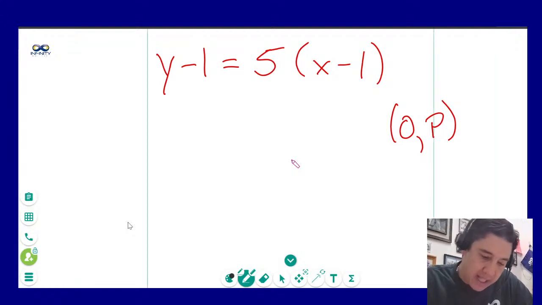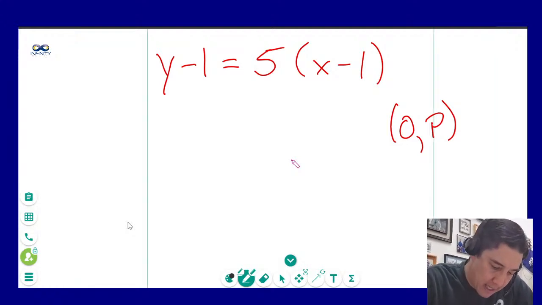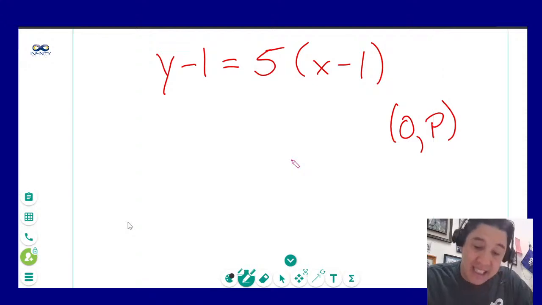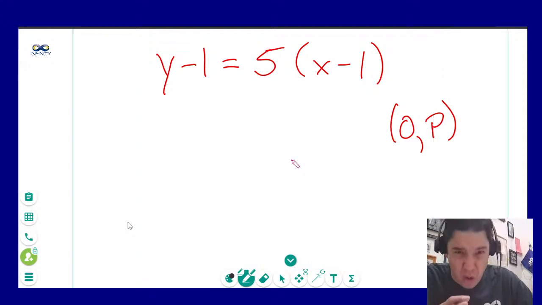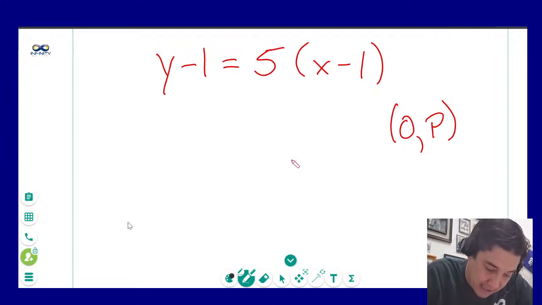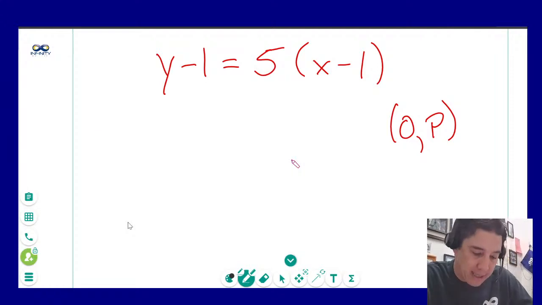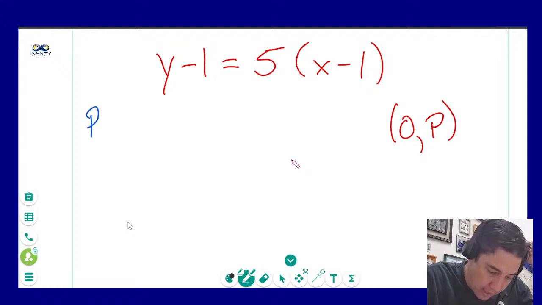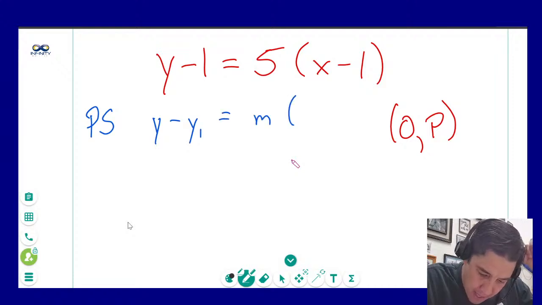The number one thing you need to understand is that, you don't need this for this particular question, but you should recognize this is in point slope form. Point slope form is y minus y1 equals m(x minus x1).